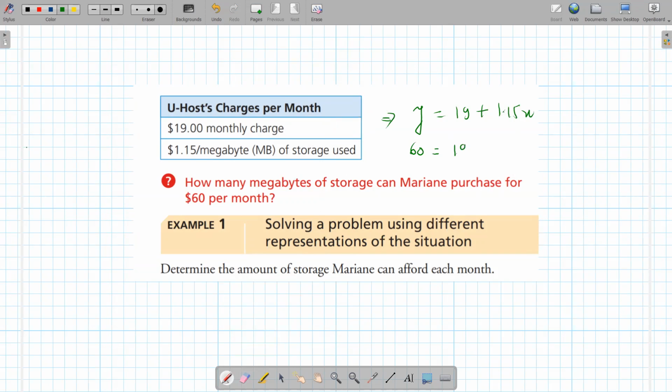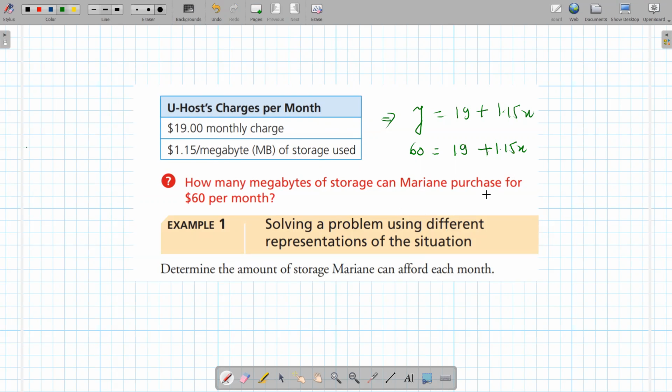So this is going to be 60 equals 19 plus 1.15x, yeah? All right, what's next? Did we divide both sides by 60? No. By 19?